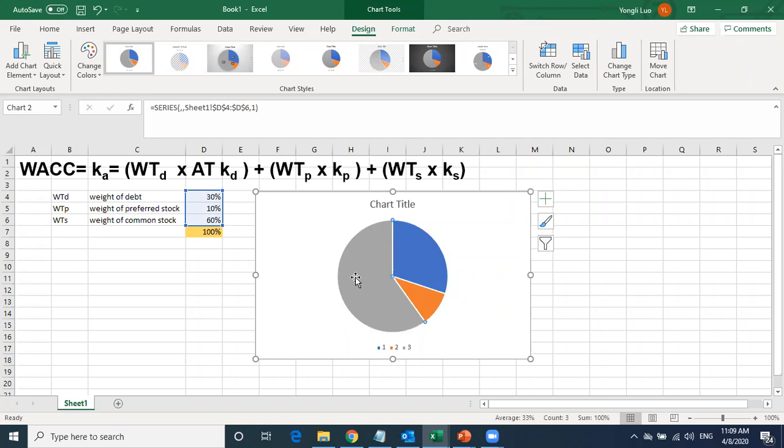In total it will be 100%, which is your asset. I wanted to show you how to get the weight of the asset from the balance sheet.